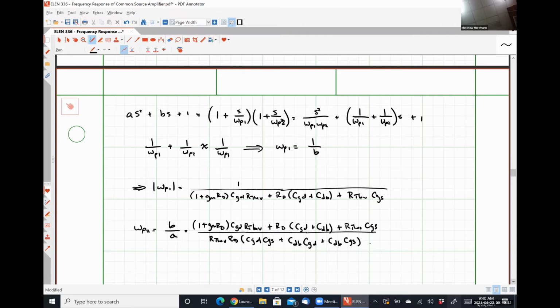So we have our two poles, and then we can evaluate it.